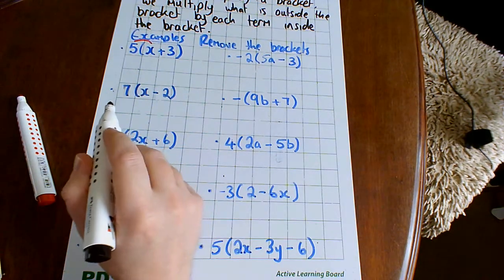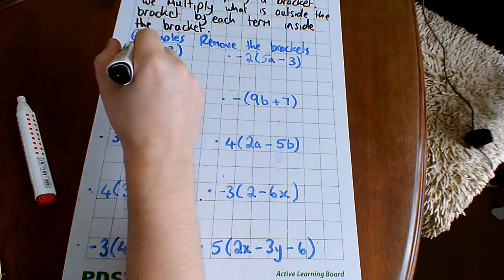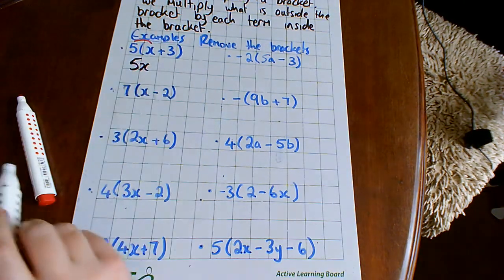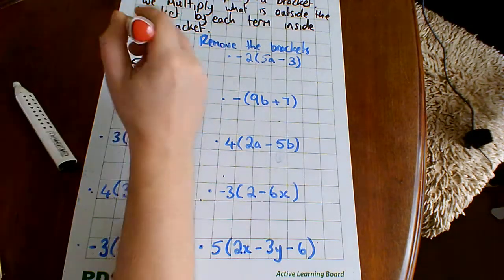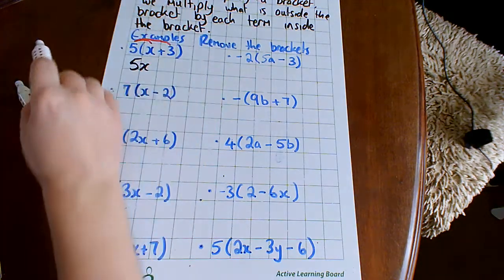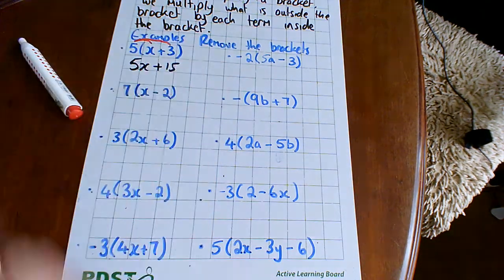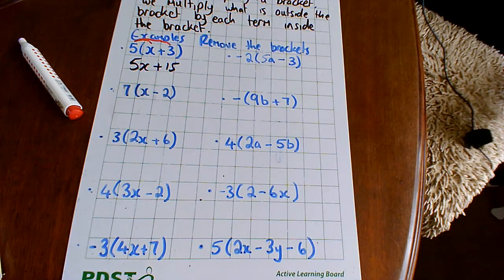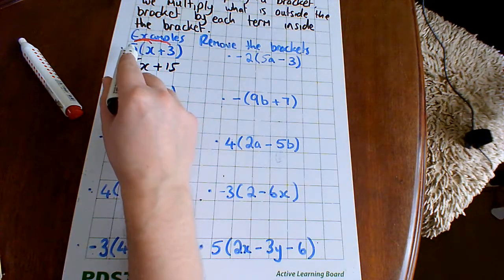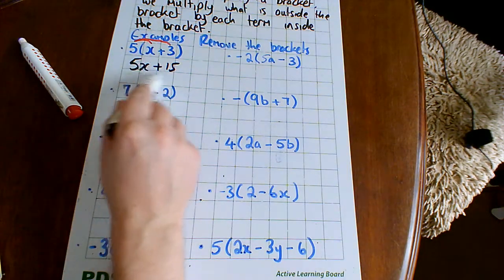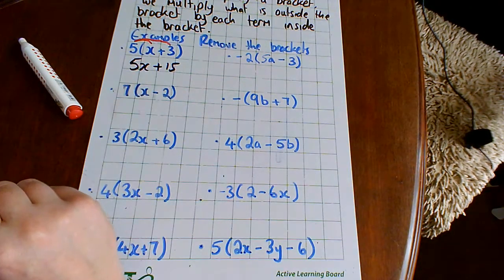We did it a couple of classes ago. 5 multiplied by x, we don't put a multiply sign, we just simply write 5x. And 5 multiplied by 3 is plus 15. And that's the answer. 5 by x is 5x, and 5 by 3, 15. You don't have to simplify that. You can't simplify that because they're not like terms.